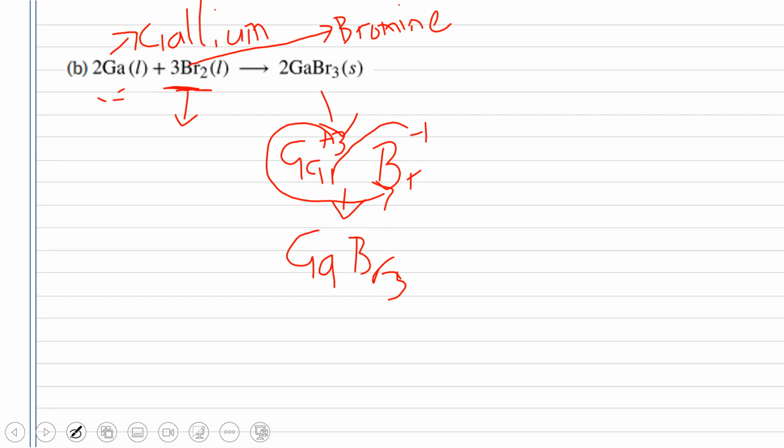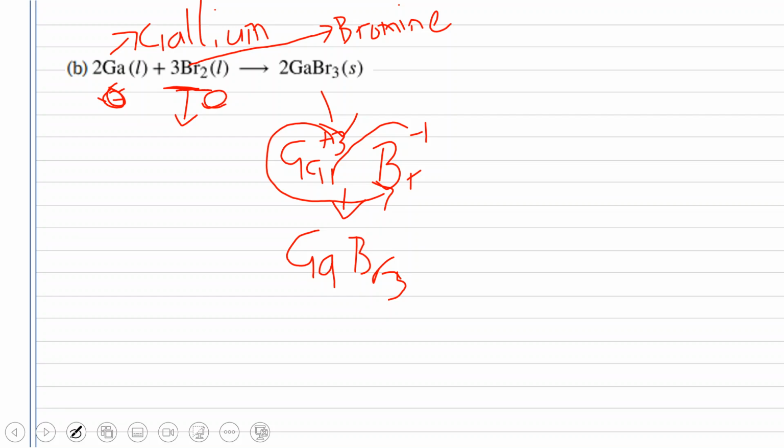So what this means is that now look here. Gallium was just existing with 0 here. This guy was also existing as 0.